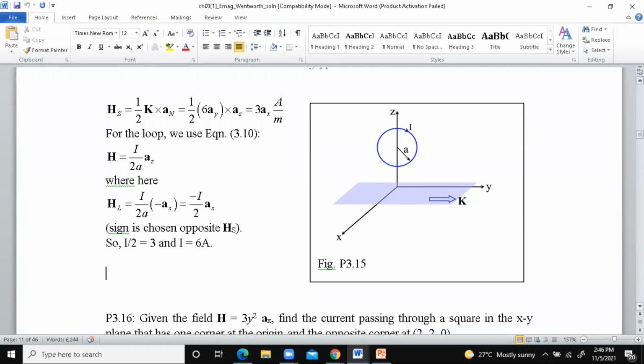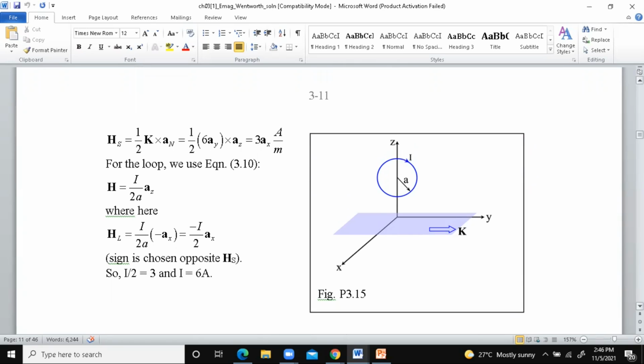It's chosen opposite HX, right? I'm not fully understanding why exactly we choose the sign opposite HX.